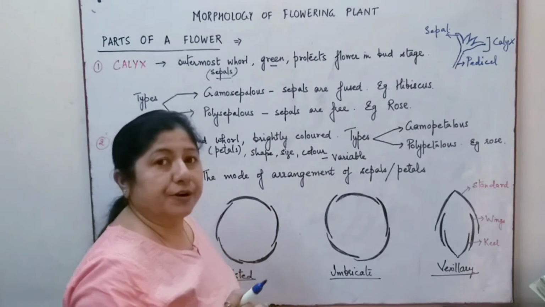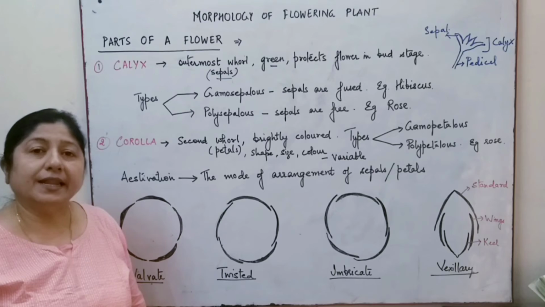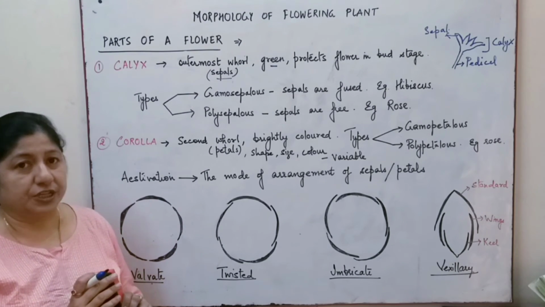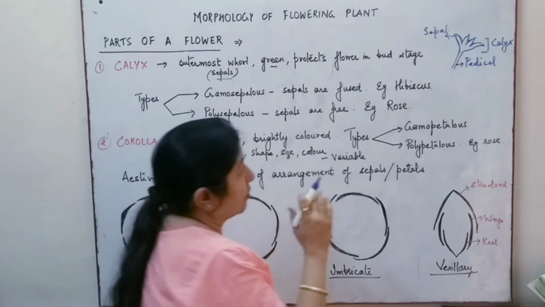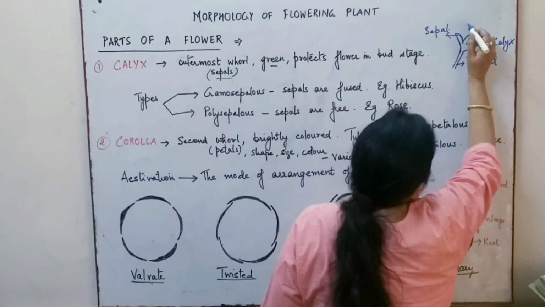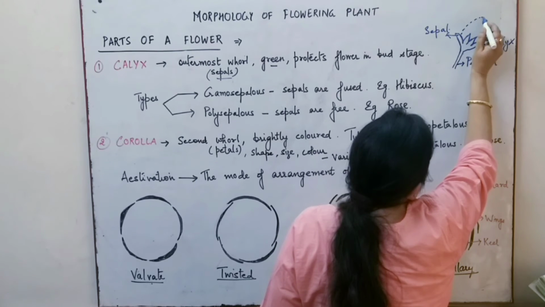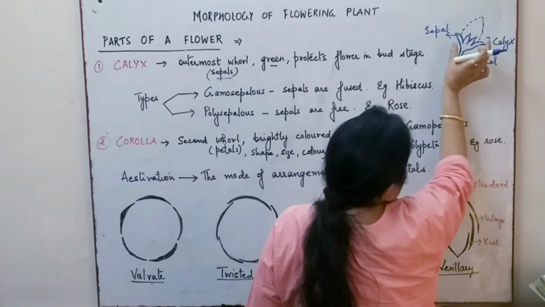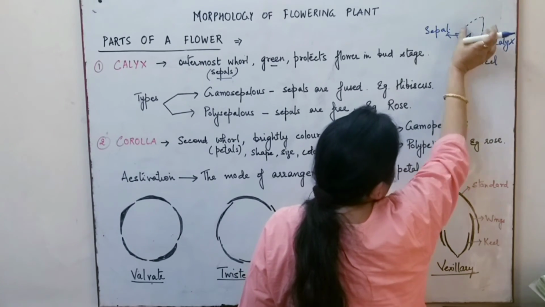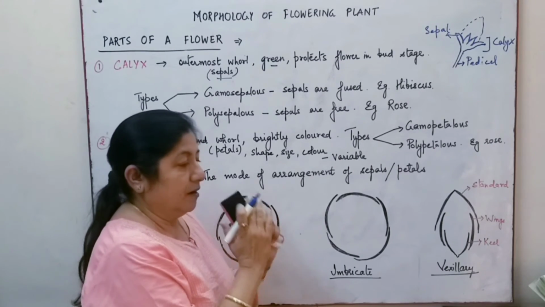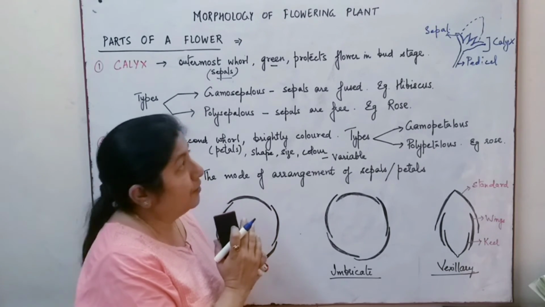The most important function of the calyx is to protect the flower during the bud stage. So when we are talking of the flower in a bud stage, the bud is entirely protected. The calyx will be tightly associated with the bud and protect the other whorls of the flower.